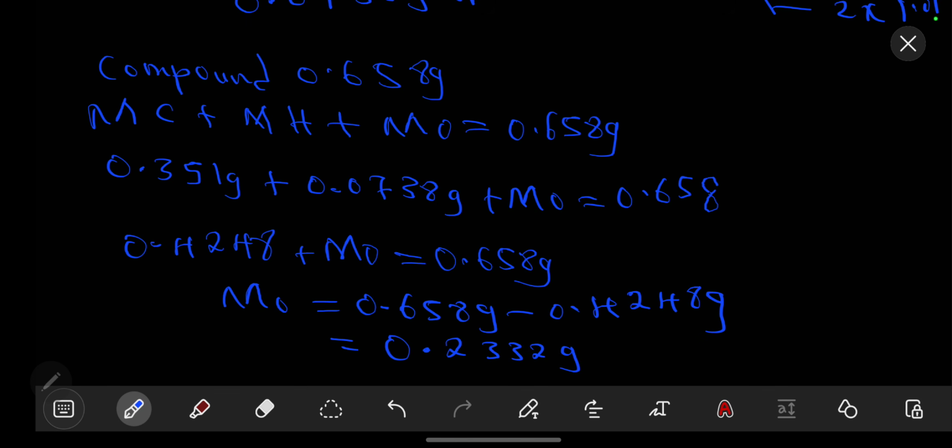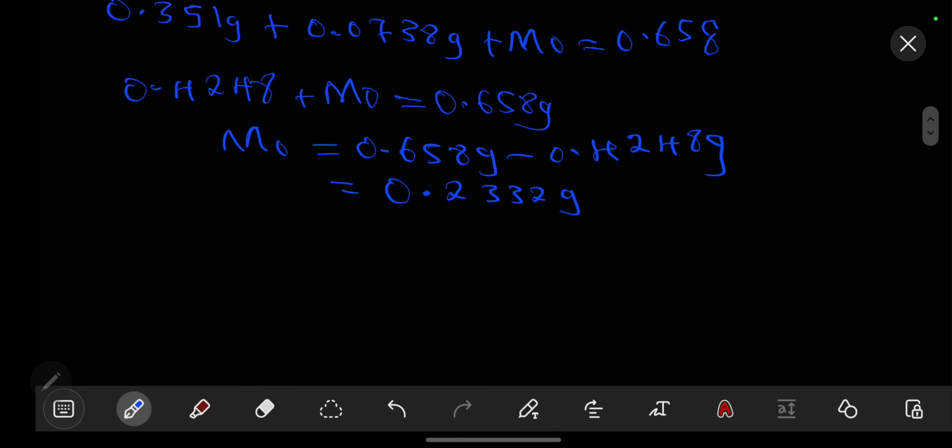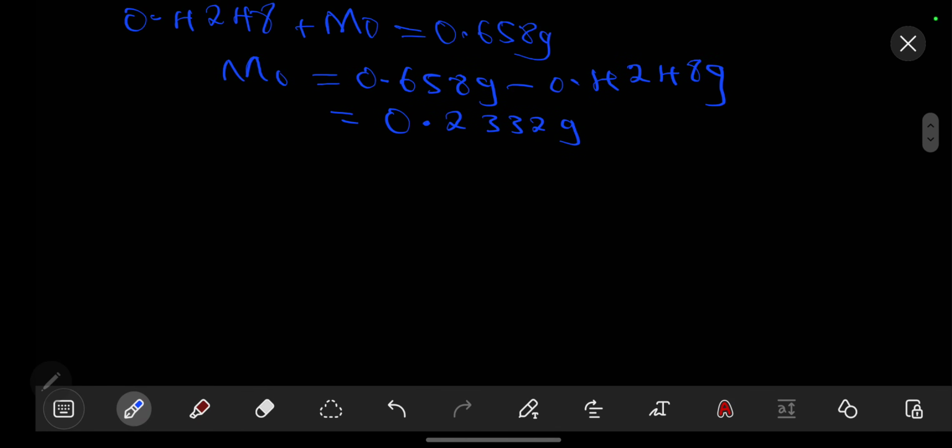So from here, we have found the masses. Now they want the molecular formula, determine the molecular formula. So how do we do that? First, let us determine the empirical formula. Let me just write what our substances are equal to.